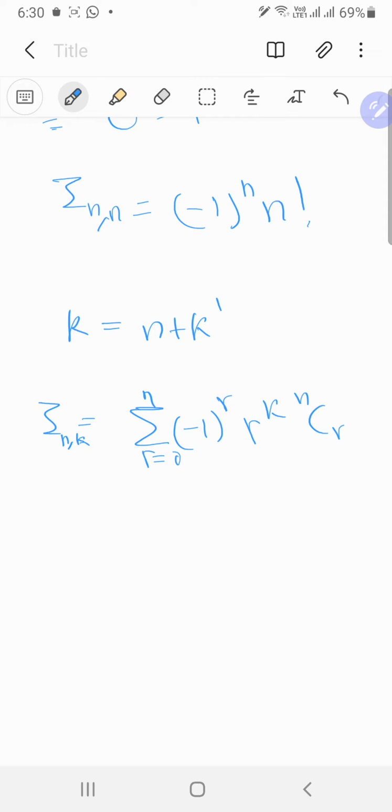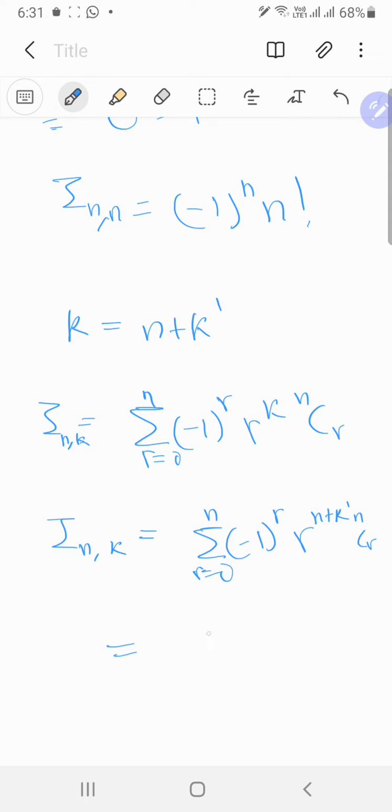Now k is just n plus k dash, so this is the summation from r equals 0 to n of negative 1 to the power r, r to the power n plus k dash, nCr.